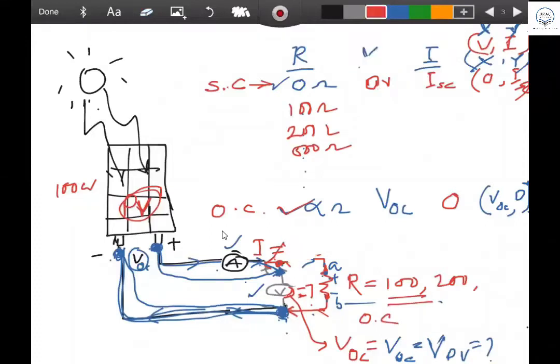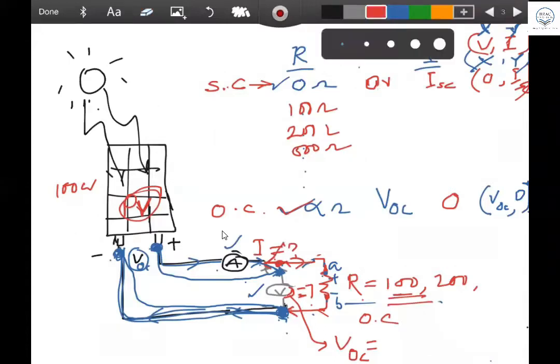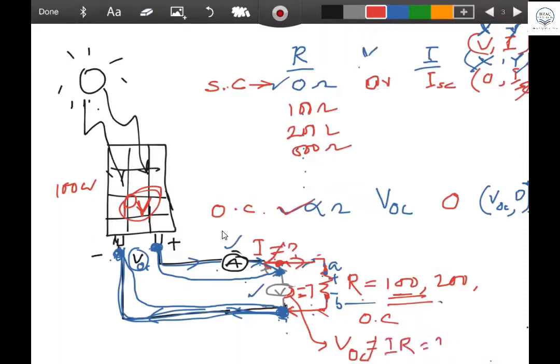If some current flows, then resistance 100 times that current means the voltmeter gets some reading here, right? The voltmeter also cannot be 0, because this is I into R. If there is an I, you get some value, and R is 100, so of course you get some value for the voltmeter reading.